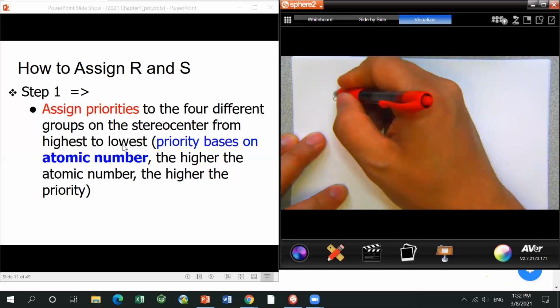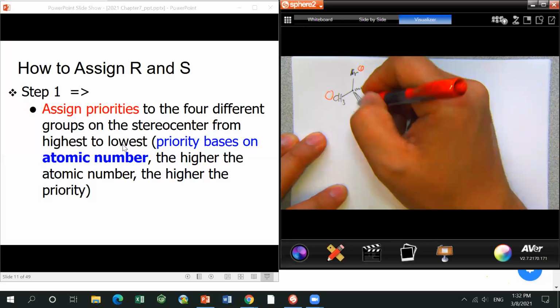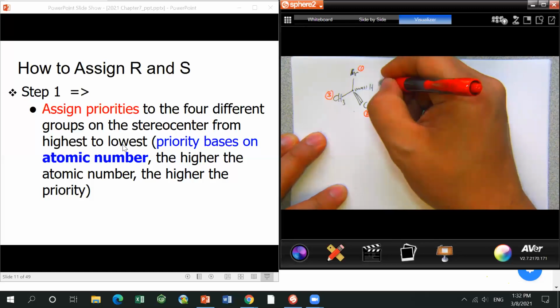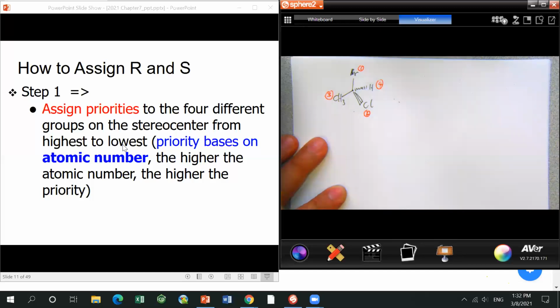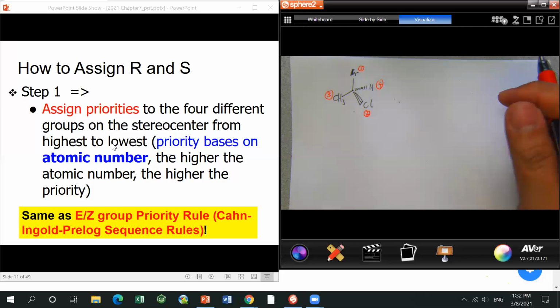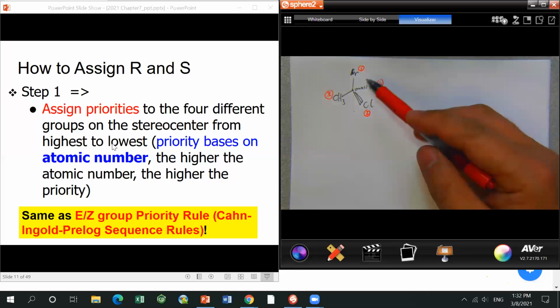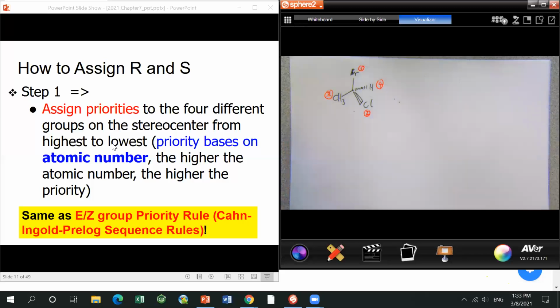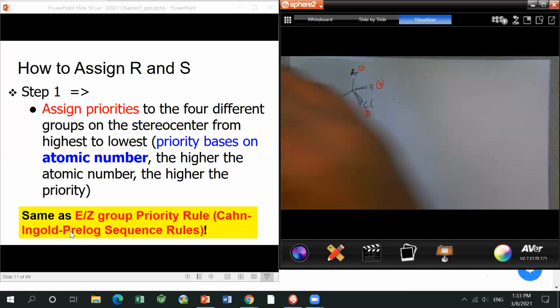Methyl has a carbon, that's 2, this one should be 3, and hydrogen has the lowest priority. So it's actually pretty easy. Just remember, RS priority assignment is the same as E/Z priority assignment, based on atomic number. This priority rule is also called the Cahn-Ingold-Prelog sequence rule.